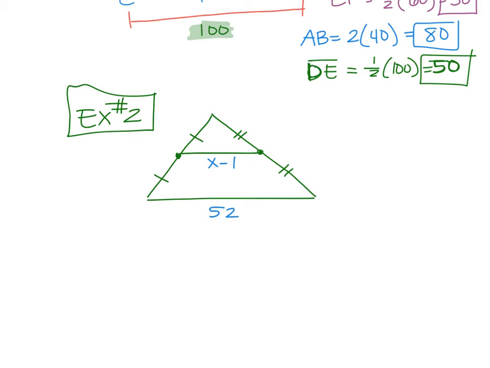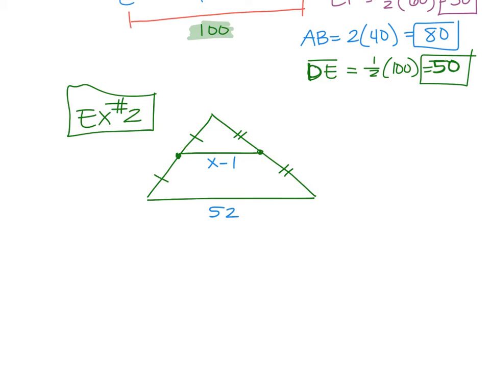What's the relationship between these two? How do they relate to each other? One is half, and they're parallel, okay? What do you do to solve for x then? You can what? Double what?